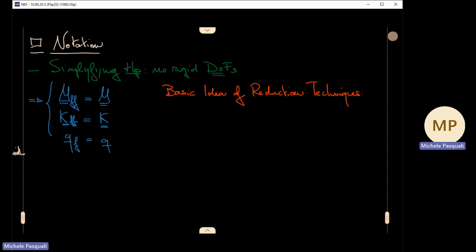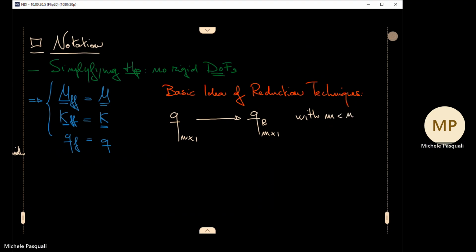Well, it's very basic if you think about it. We start off from a vector Q of all the variables of the system, which has a dimension n times 1. And we want to pass to a vector Q_R, with the subscript R denoting reduced, if you want, which has a dimension m times 1 with, guess what, m smaller than n.